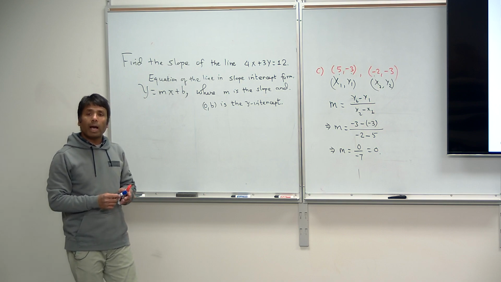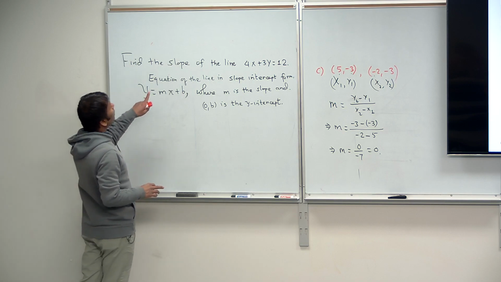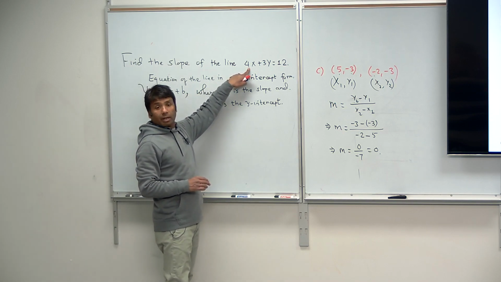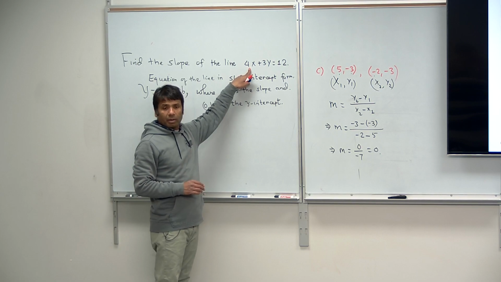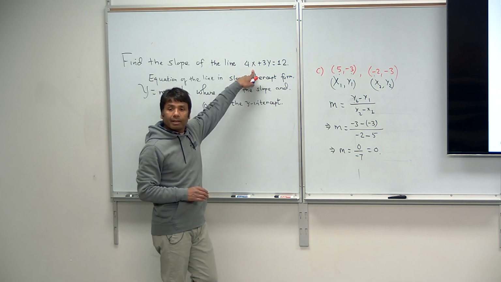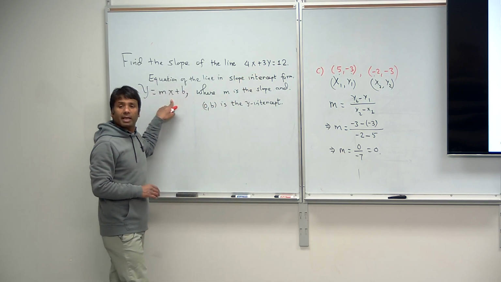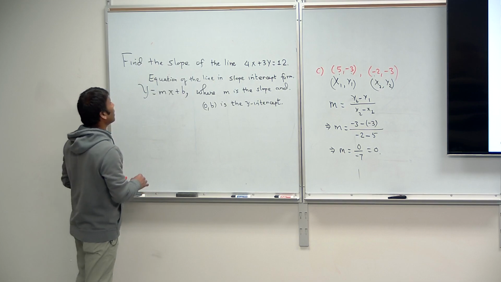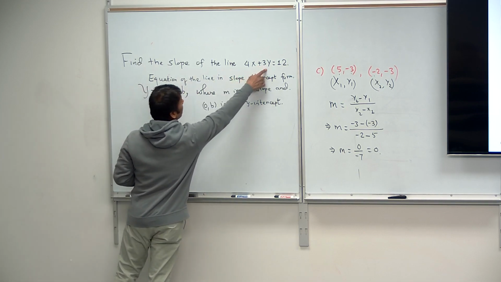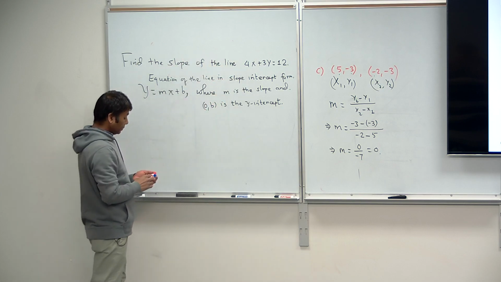So now I want to find out the slope of this line. I want to rewrite this equation into this form. I have a y on the left side, so I will keep y on the left side and move 4x to the right side.